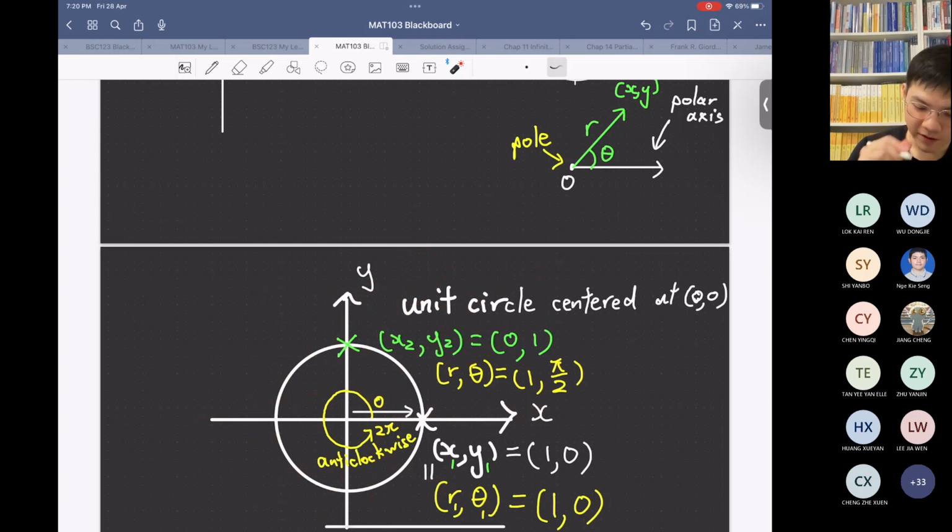Inside the xy plane, an angle from the positive x-axis and how far the radius is enough to describe it. It's equivalent. But we will see in a moment why these polar coordinates are more useful sometimes.